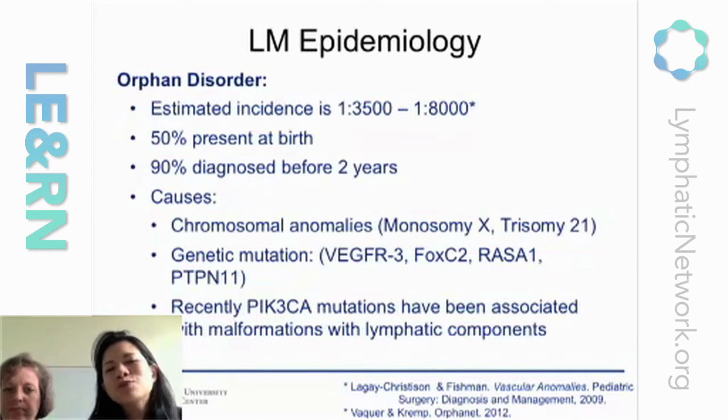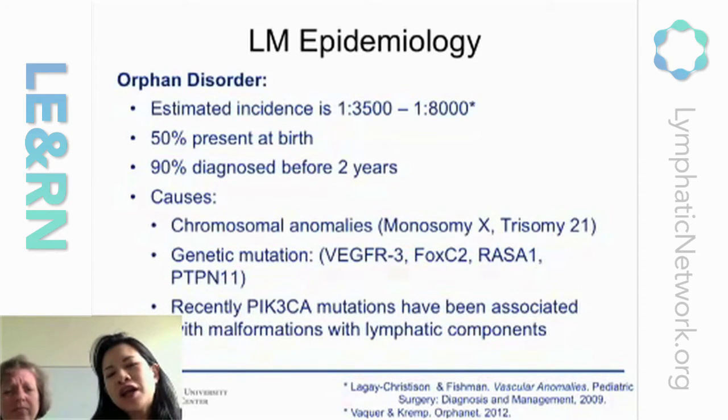So it's a much higher incidence than what has been previously accepted. About 50% of them are obvious and present at birth, but by about 2 years old, 90% of them are diagnosed.